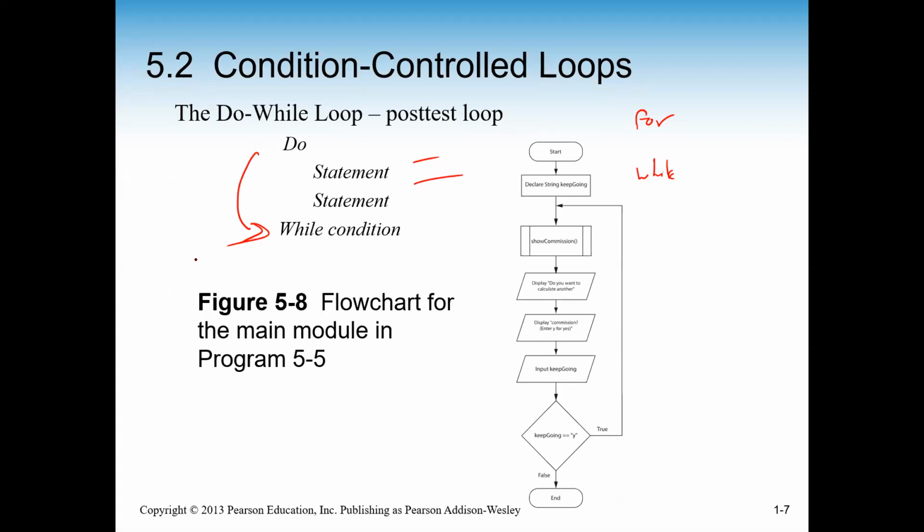The way this is structured is that you always do the statement at least once. Whereas with the for loop or the while loop like this, there's a chance that the statements inside will not get executed. But with the do while structure, you're going to perform the statements at least once.